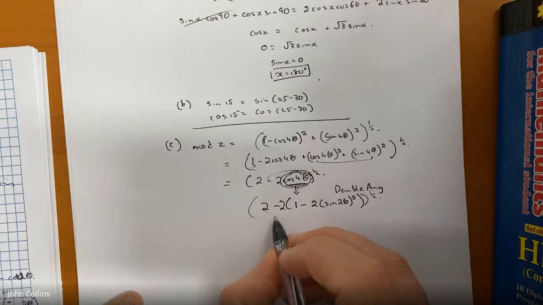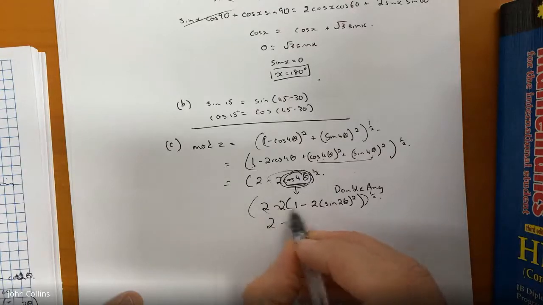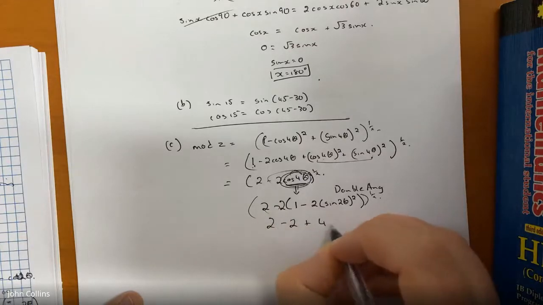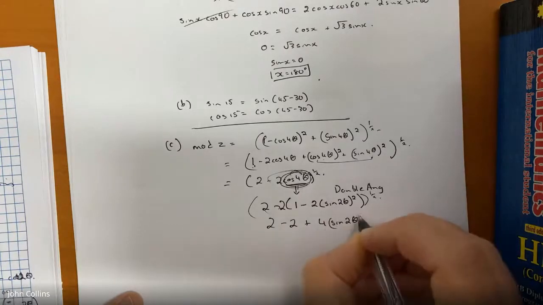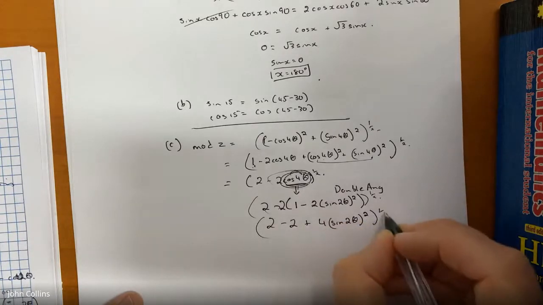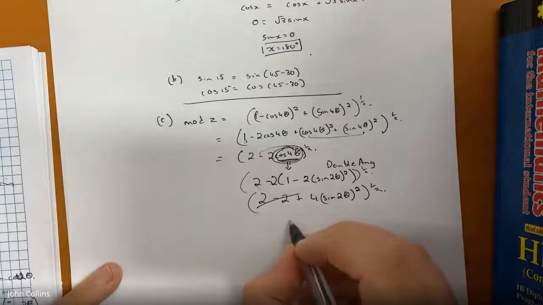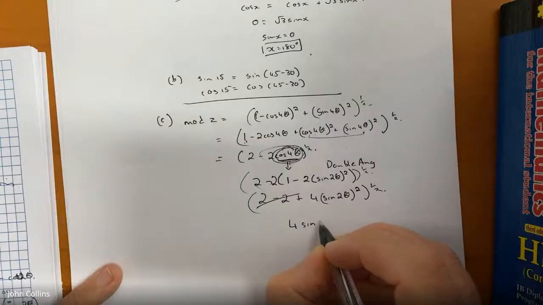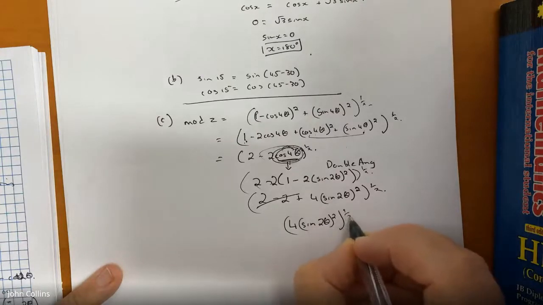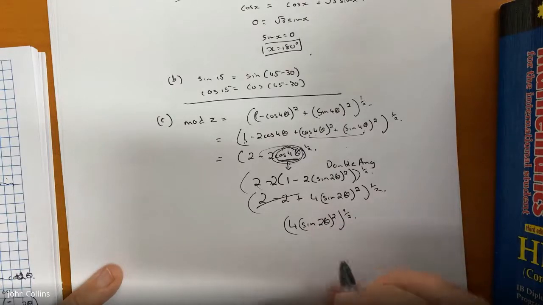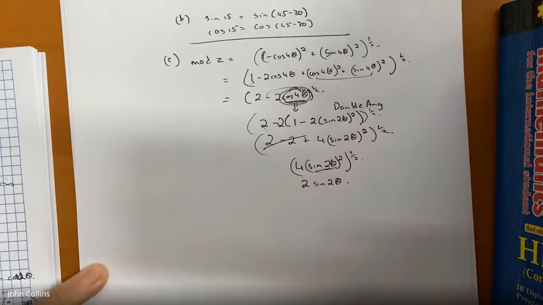So it's going to be 2 minus 2, multiplying in by this minus 2 now, plus 4 sine 2 theta squared, all to the half. 2 minus 2 is gone, so you're just left with 4 sine 2 theta squared to the half. So now I can get the square root of both these. 2 is the square of that, and the square root of that is just sine 2 theta.